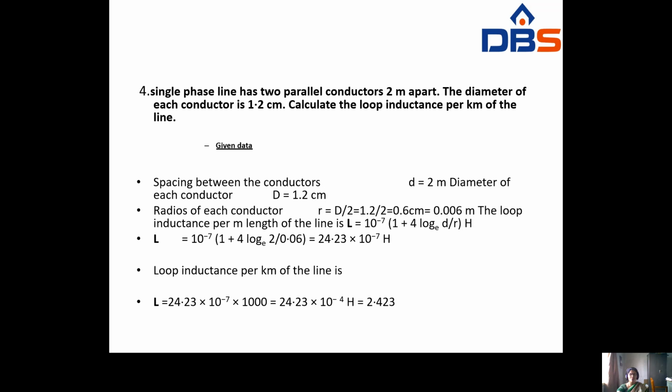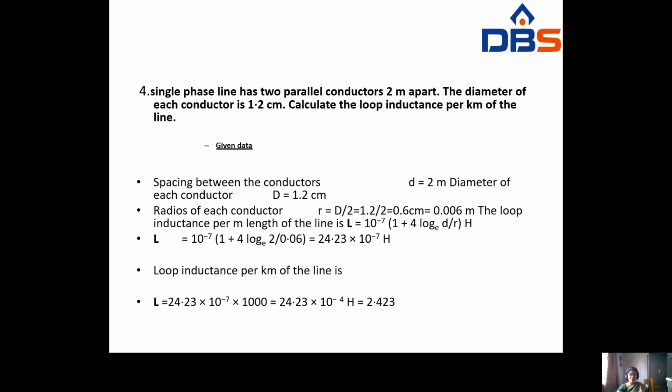Spacing between the conductors is 2 meters, D equal to 2 meters, and the diameter of each conductor is given as 1.2 centimeters.